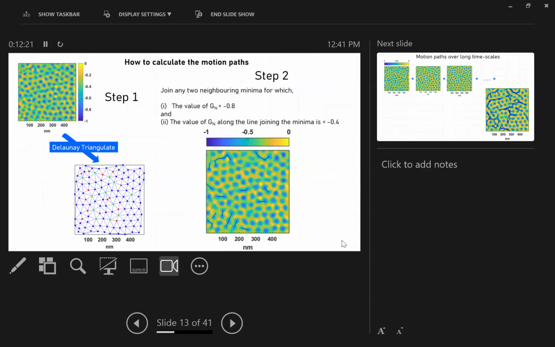All right. So now having this image here, I can first determine the conductance minima. I determine the nearest neighbor by Delaunay triangulation, and then using a criteria, I find the motion path of these vortices. So these are the blue lines. I join these minima along which the vortices are moving.